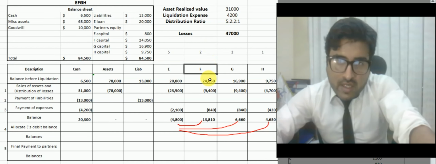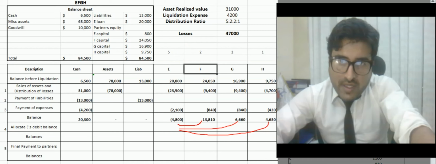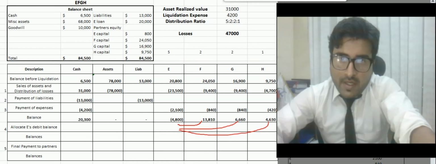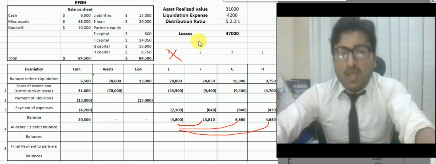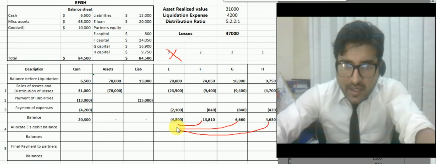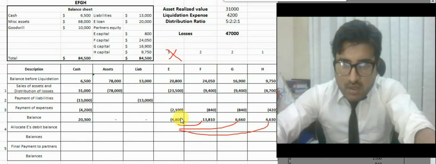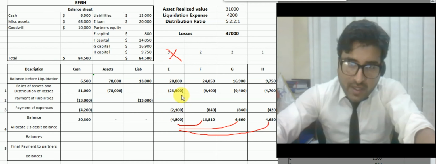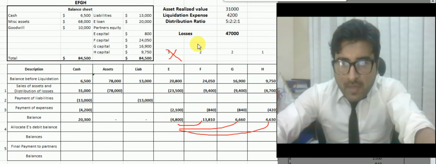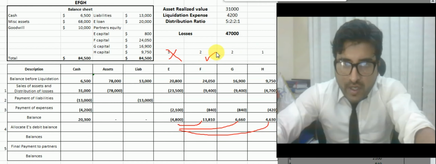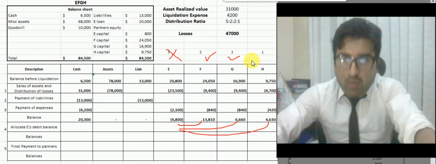Now what is the ratio? This one has become negative, so this is negative. Finish. Why? Because when anybody's capital becomes negative, we cross out his ratio. Now what is the total? How many individuals have a positive balance? 3. So the ratio of F is 2, this is 2 and 1, equal to 5.